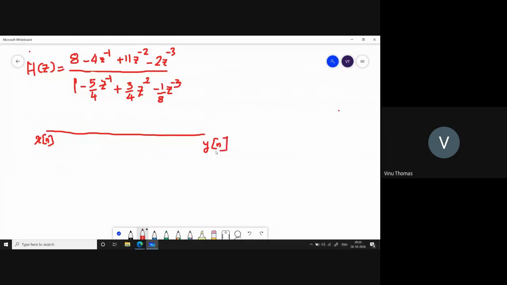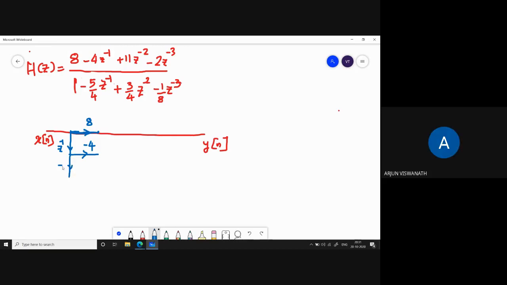So let us implement the numerator first. This has to be multiplied by 8. What should be this value? -4.